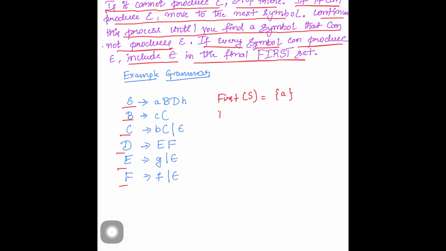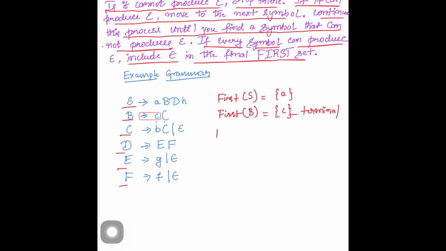Then first of B. The production is B goes to C. The first symbol is C. C is a terminal. So the first set contains only C. First of B equals C. First of C. Production C produces B C. C produces epsilon.